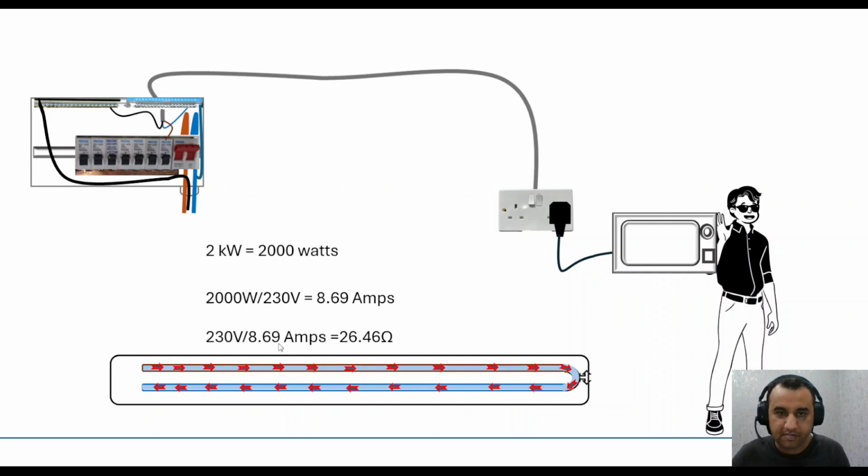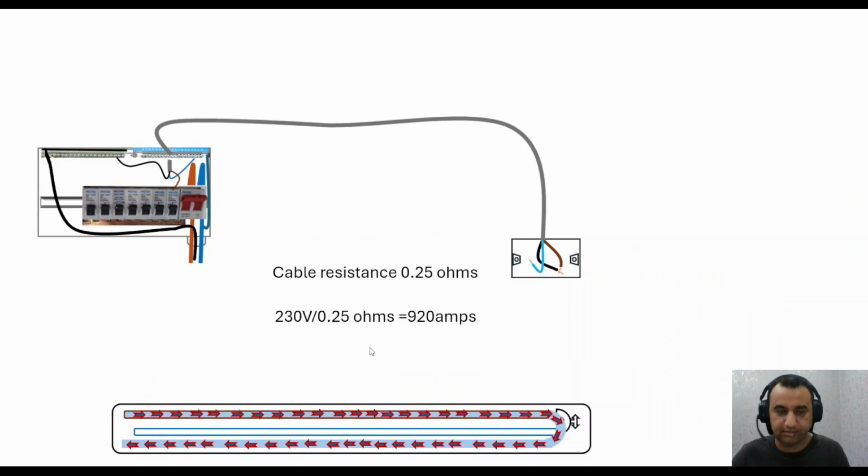As we know, because we're going to come back to this slide again, this microwave is drawing 8.69 amps and its resistance is 26.46 ohms. Here we've got a problem in this socket. This is the back box of the socket.